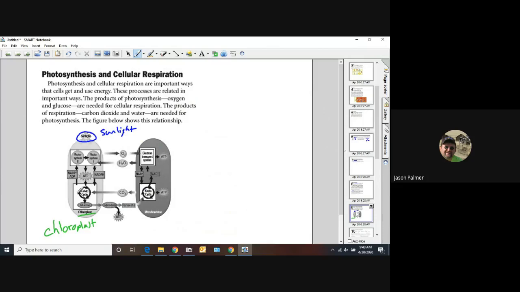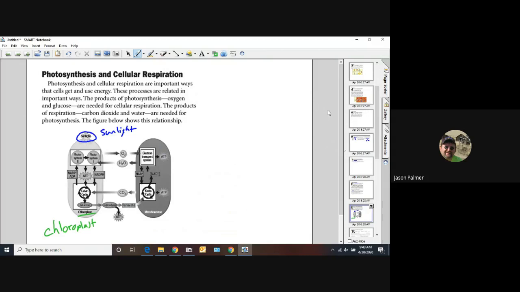So you got the Krebs cycle over here, Calvin cycle over here. Sunlight's coming in. You got some electron transport similar to electron transport here. And again, you got water that's coming in here, oxygen that's coming out here. And so it's a very balanced system.